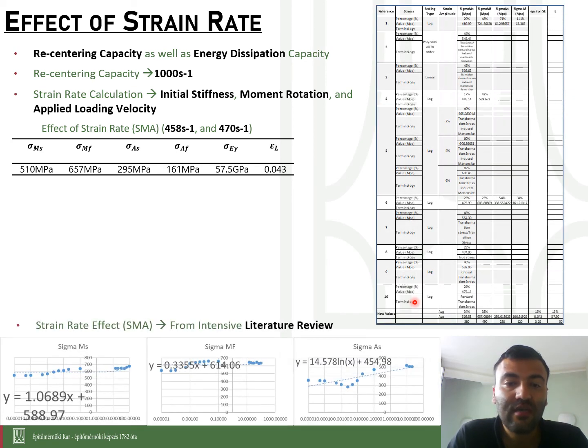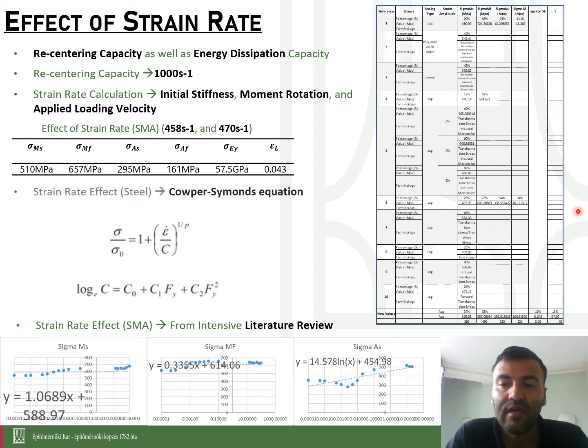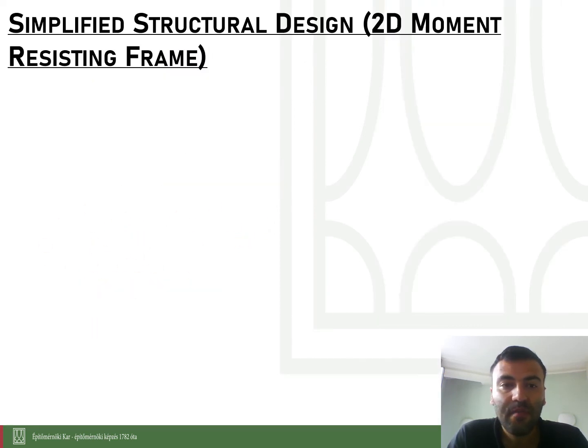These values have been calculated according to the curve fitting analysis from the literature review. Then we found these new values should be used in the finite element model. And for the steel components, we follow the Cowper-Symonds equations, as can be seen in these two equations here.